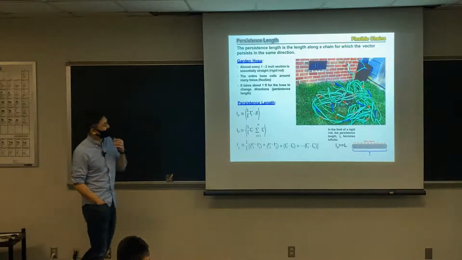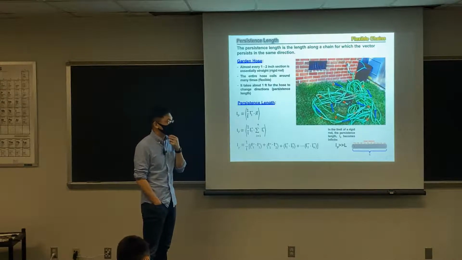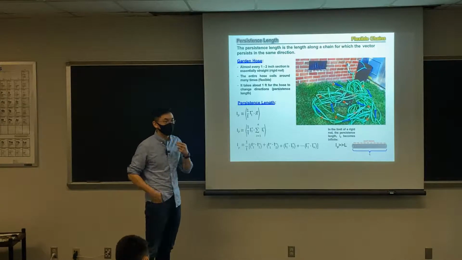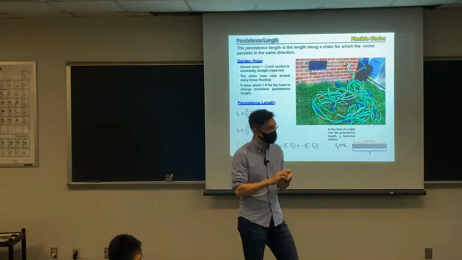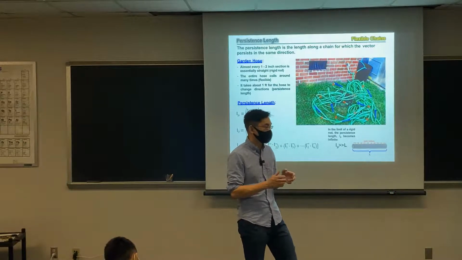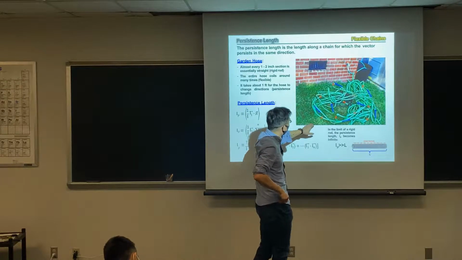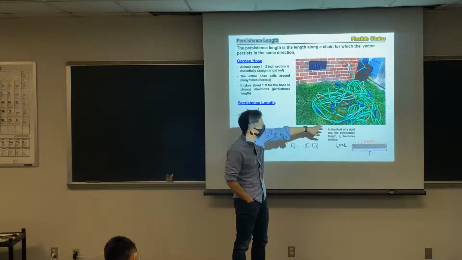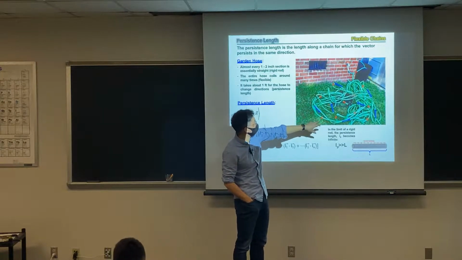Now come back to the persistence length. We talked about the physical meaning of persistence length, which is how rigid your polymer chain is. The other way people describe it is the ability for your chain to maintain its directionality. So here is a picture of a garden hose. Along it, at different length scales, it behaves very differently.